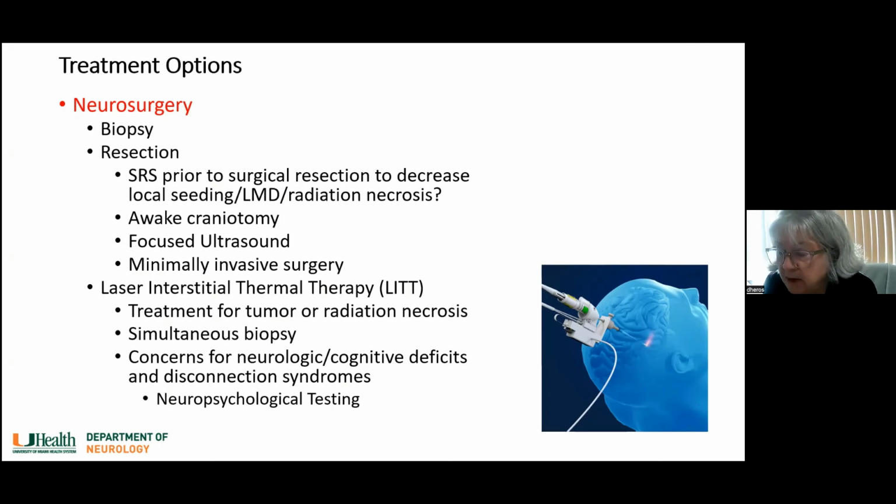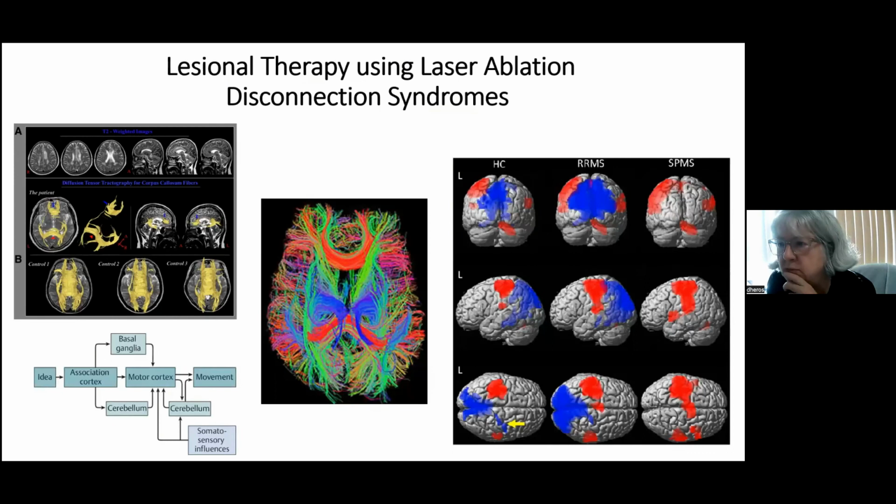And as a neuro-oncologist, I just stress the importance that now that we are causing lesional, ablative, destructive lesions in places where neurosurgeons did not operate before, that we really keep in mind the risk of developing disconnection syndromes.